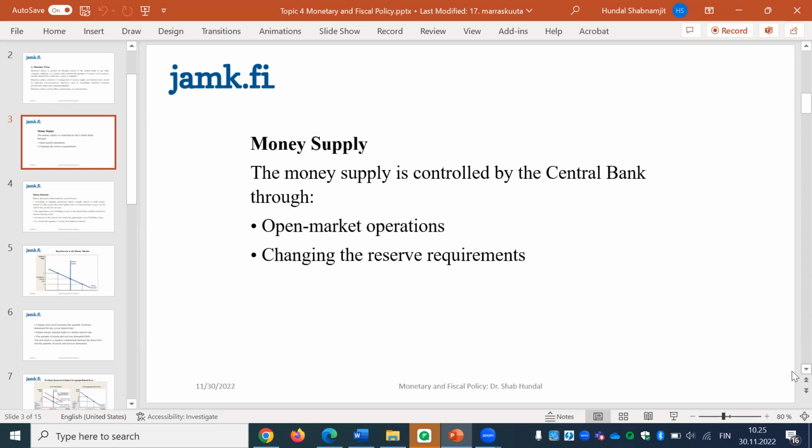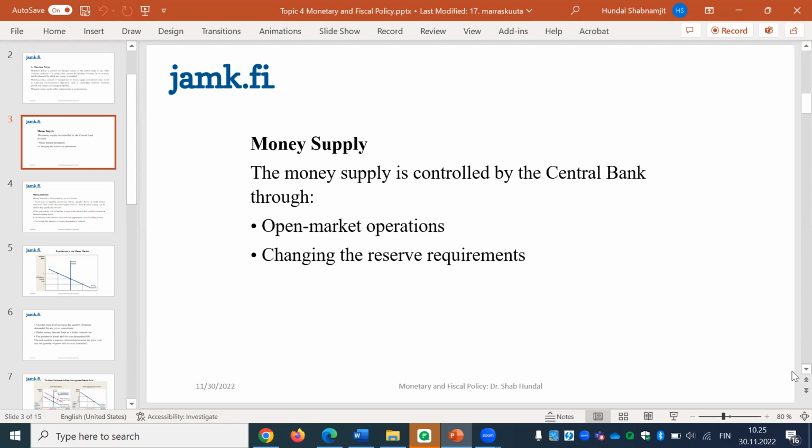Then the central bank would start selling its bonds, its treasury bills, its certificates to people and companies. By doing so, money would start flowing from the pockets of people, companies and individuals to the state or the central bank. This is called open market operations, by which the central bank can buy and sell its securities openly on the public platform.